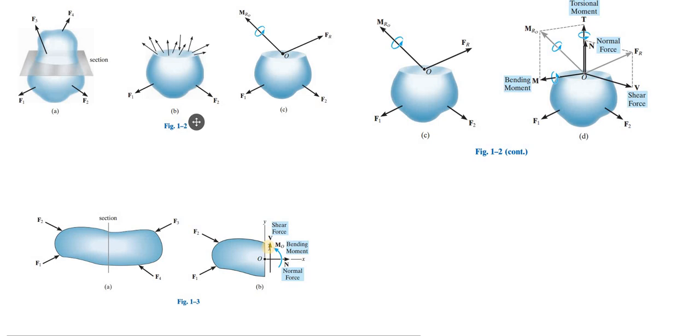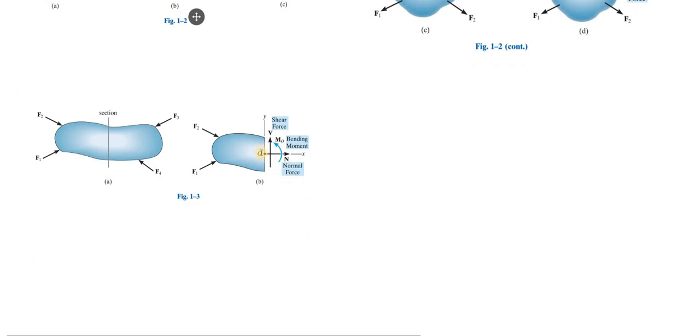V could be determined by considering summation of all forces in the Y direction, and M could be determined, for example, by checking moments of all forces about O. In this way, the V and N will be passing through O, and they will not be appearing in the summation of moment equation. And this is sometimes a way to simplify the procedure.